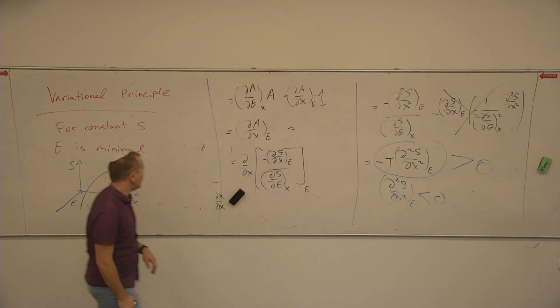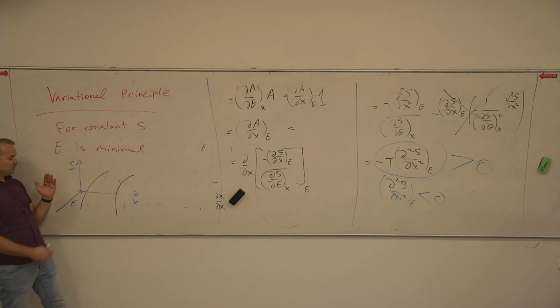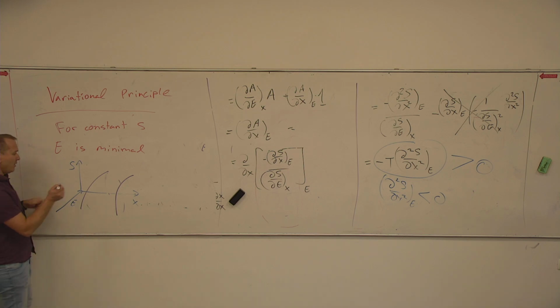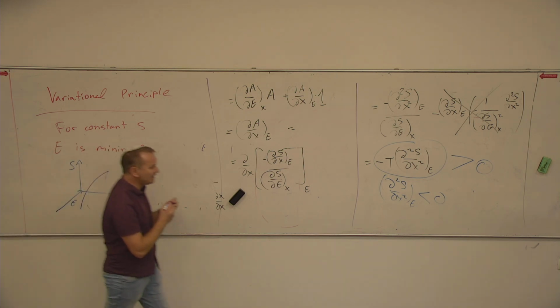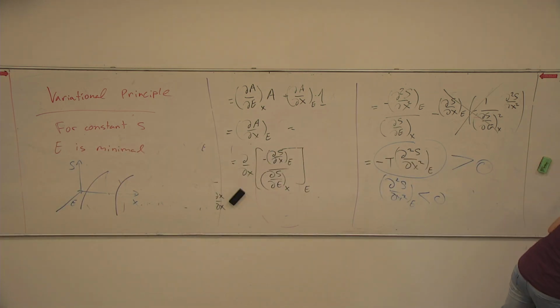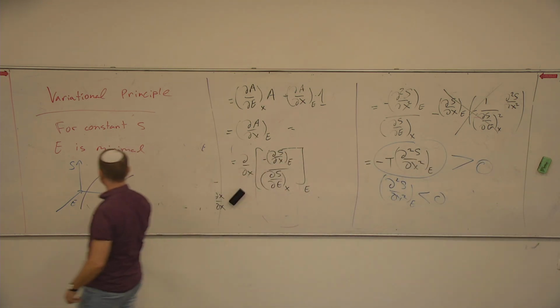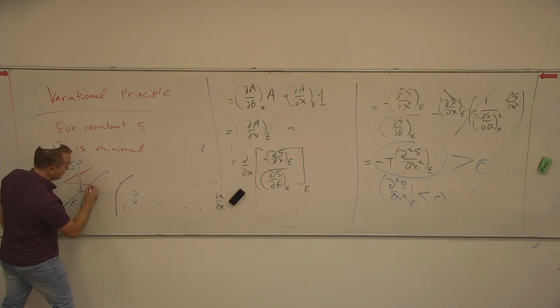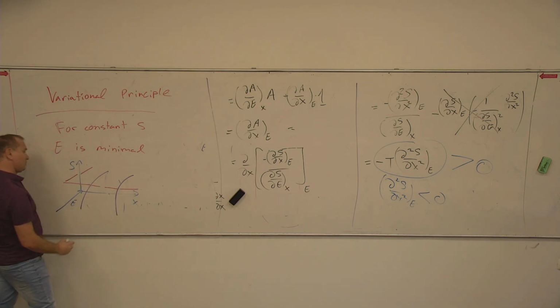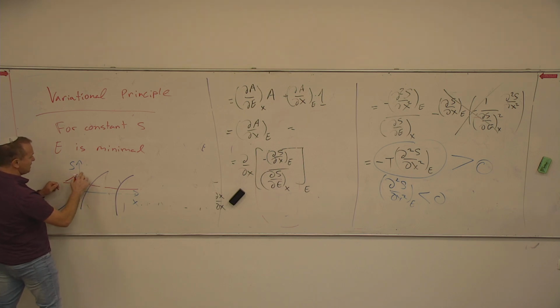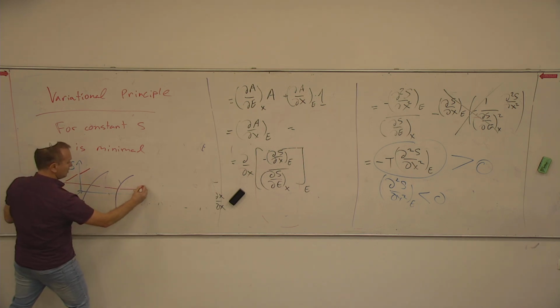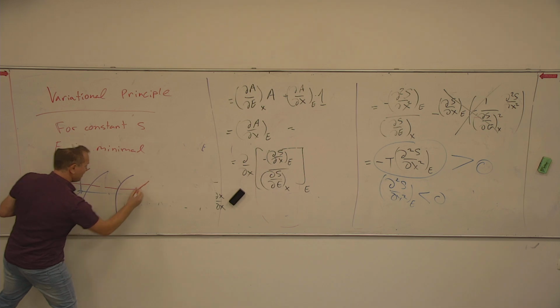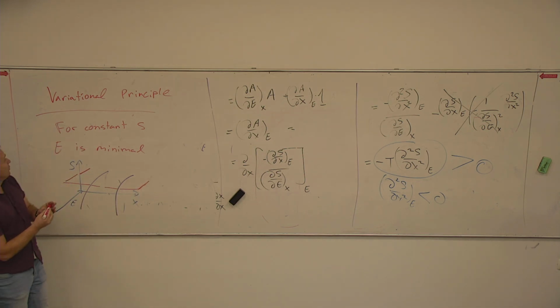So, beforehand, I had a constant E, so I have a plane that was vertical. Now, if I'm constraining S to be constant, there is a plane that looks like this, and it crosses this two-dimensional manifold. This variational principle for constant S is minimal.